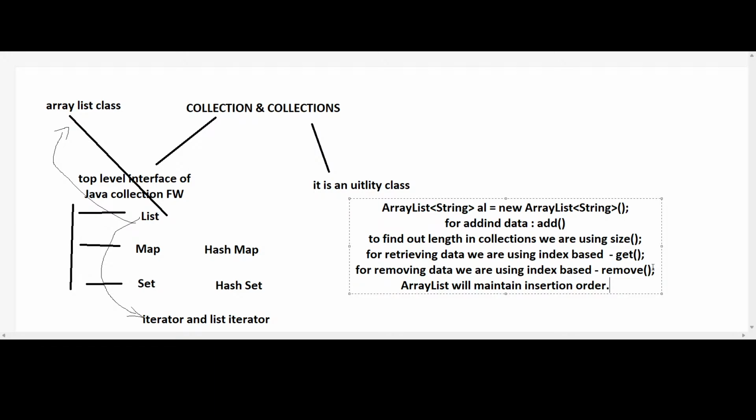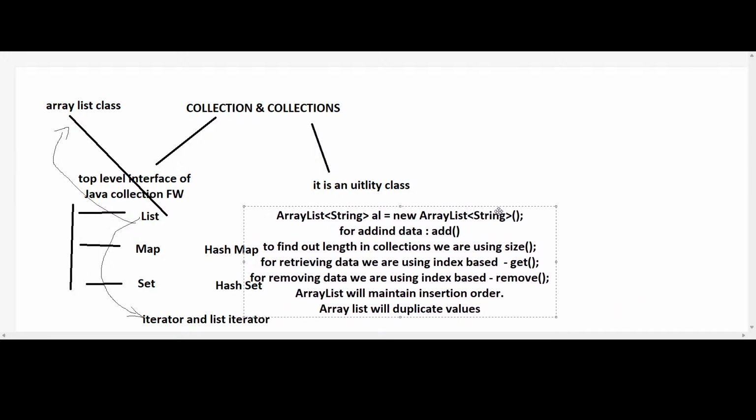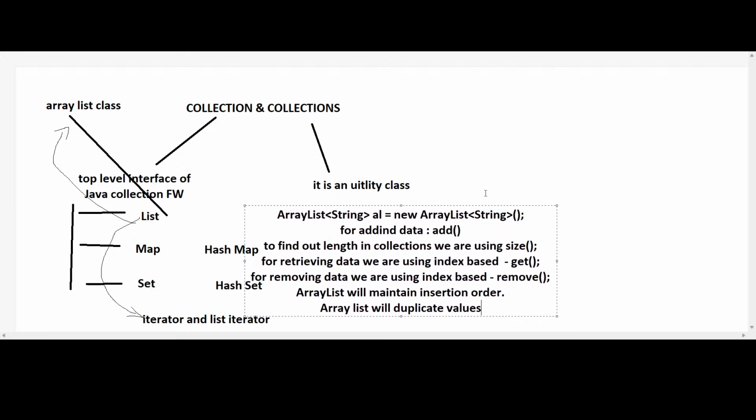With the help of array list we can store all our elements in a dynamic way as well, and also this array list will allow duplicate values. So these are the points about array list.